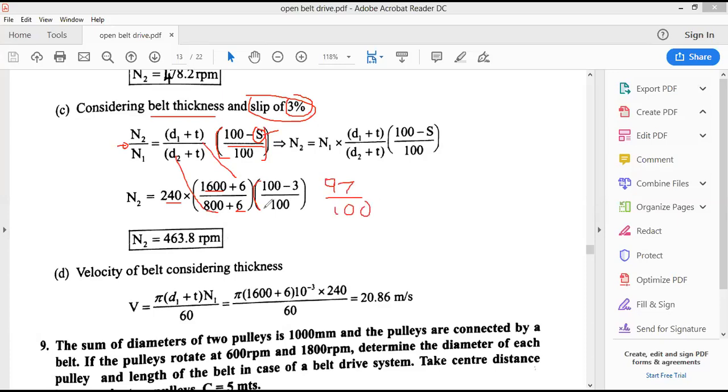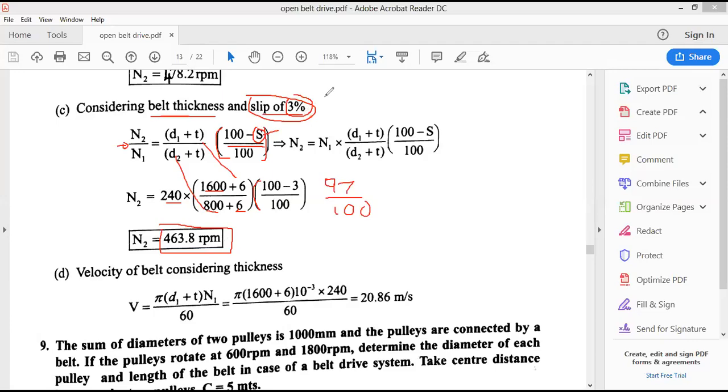We have to put only numerical values. Now substituting these values and calculating, we get 463.8 RPM, rotations per minute. So this is how we calculate considering the belt thickness plus the percentage of slip.